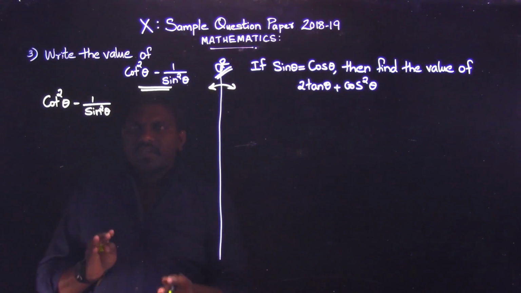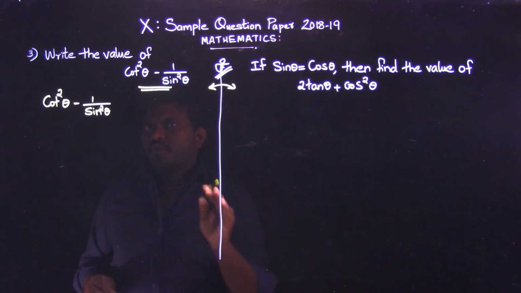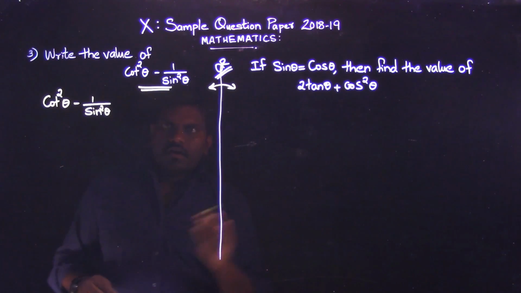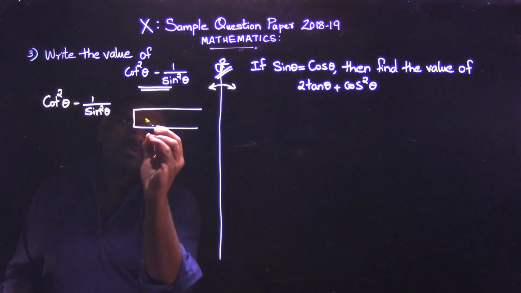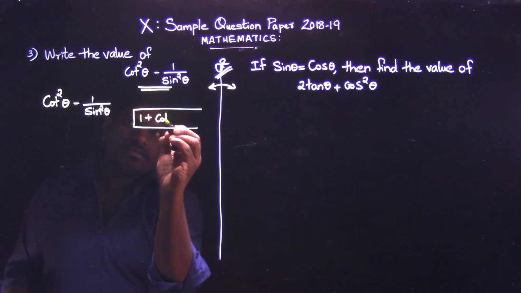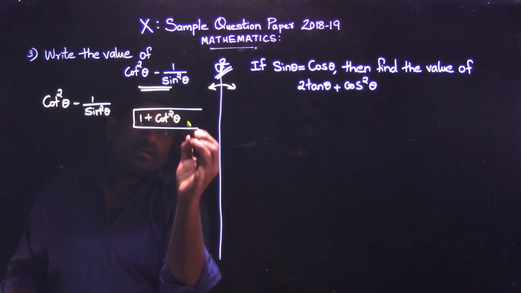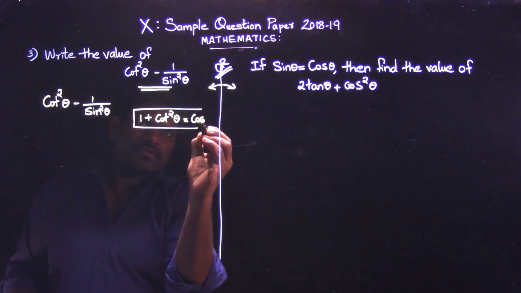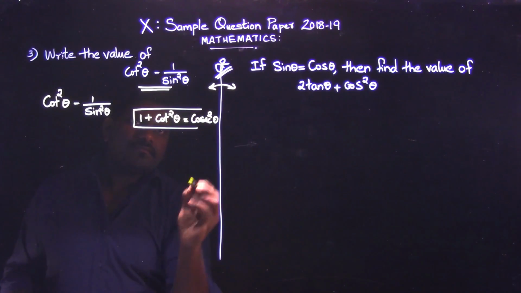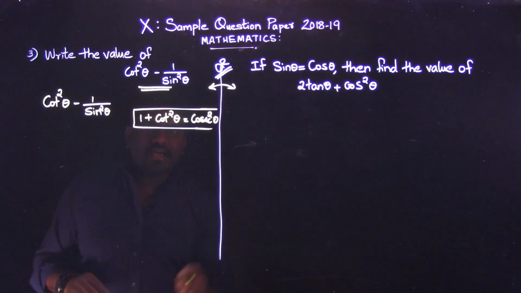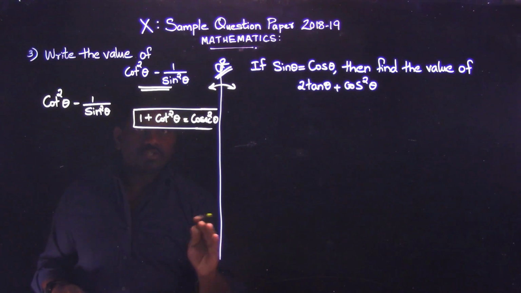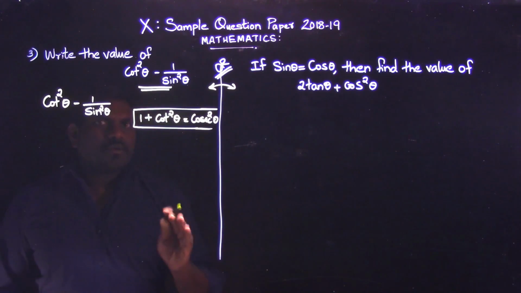You are supposed to find the value of cot square theta minus 1 by sine square theta. But if I know the formulas well, which you have already come across, you have some idea about this one. 1 plus cot square theta is equal to cosec square theta. If you don't know, just keep this one in your mind. You have a formula like this: 1 plus cot square theta is equal to cosec square theta.